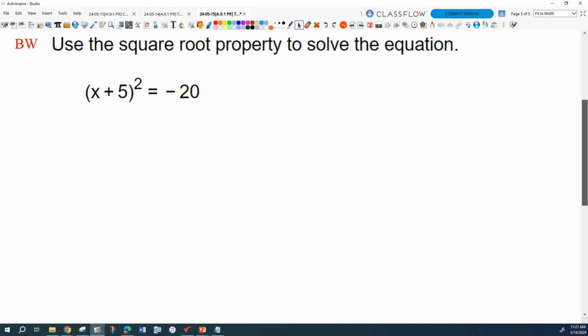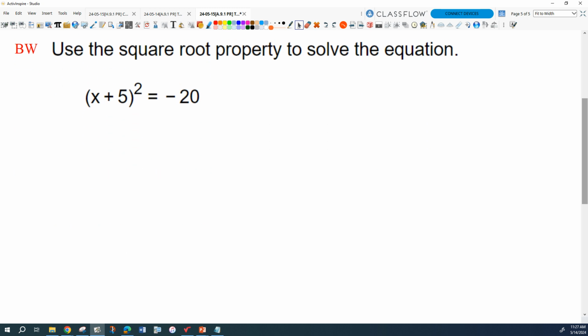Try that guy. Can you point to a single x? Yes, so we can isolate. What's the first step? Square root. Okay, that's good. What do you get on the left side? What do you get on the right side?